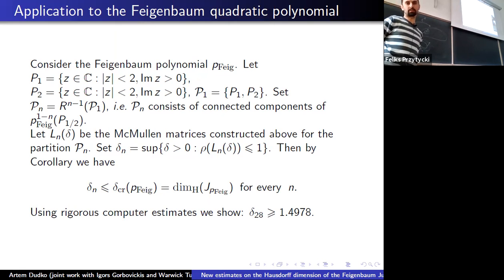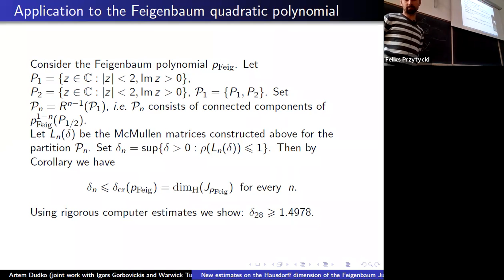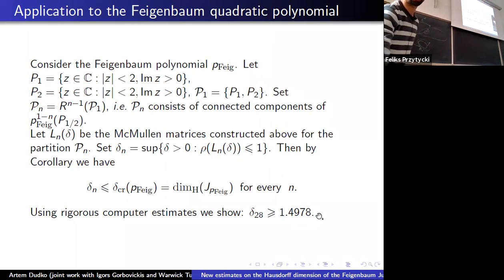Using Igor's computer estimates, with a program designed by Warwick Tucker, we obtain this bound, 1.48978. But this doesn't use renormalization. Not yet.